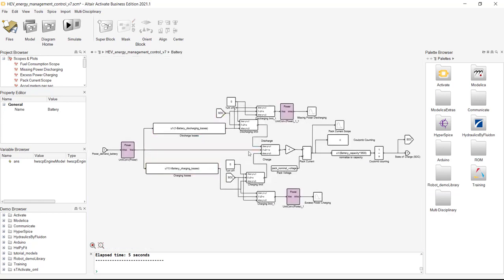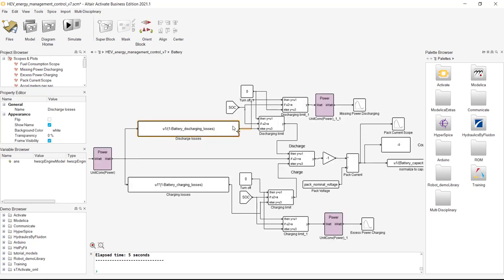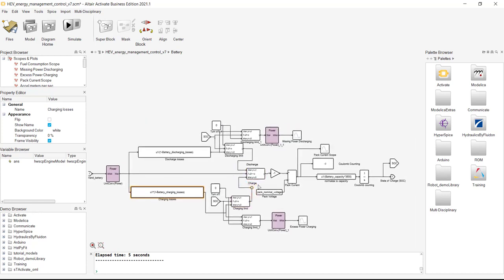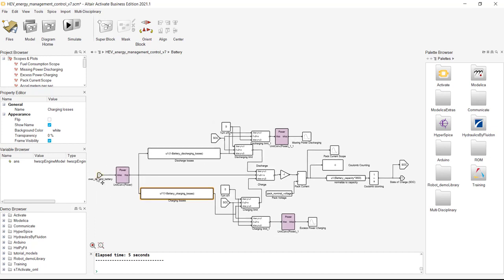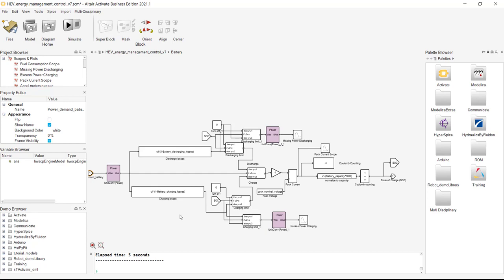And if I zoom in here, we have a fairly complex set of logic and signal blocks to model this battery. But in short, it takes into account discharge losses and charging losses, based on the demand that we're requiring of this battery, and also power coming from the internal combustion engine in order to recharge the battery.